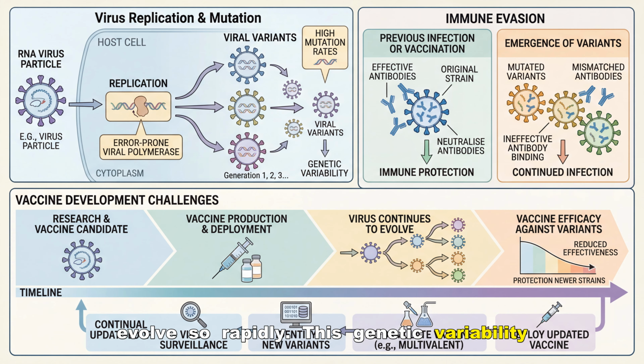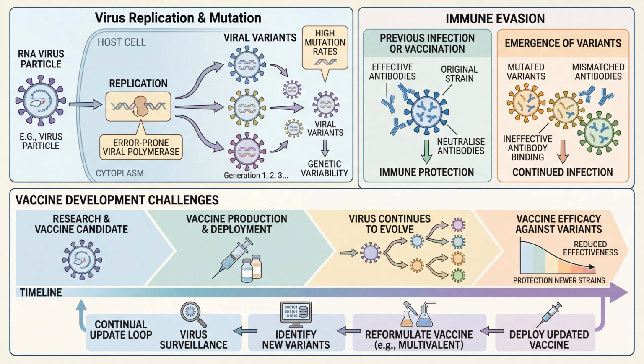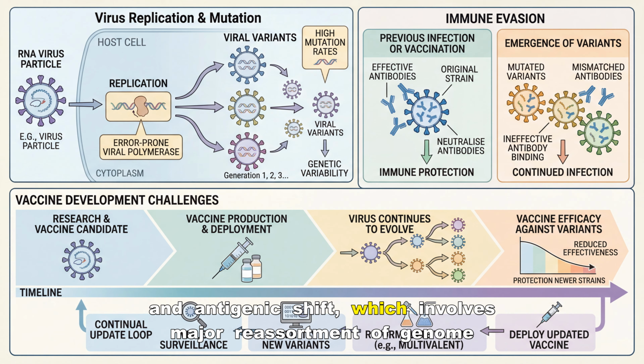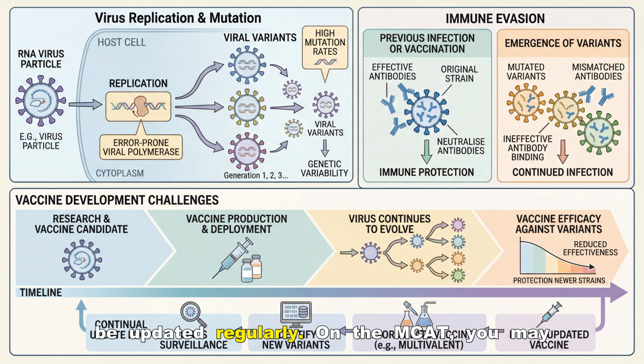This genetic variability allows viruses to alter their surface antigens through processes like antigenic drift, which involves small mutations, and antigenic shift, which involves major reassortment of genome segments, particularly in segmented viruses like influenza. These changes can render prior immunity less effective, explaining why flu vaccines must be updated regularly.